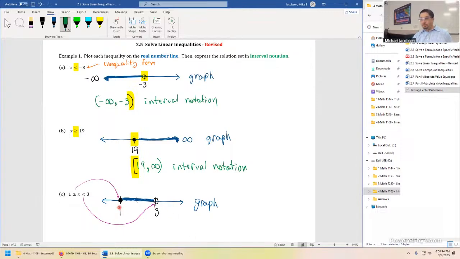Here with the solid dot, start with the bracket, place in the number 1. Shading just turns into a literal comma, like we said. So there's the comma. We go up to 3, and we stop there. 3 is not part of the solution set, so we just put a parenthesis to convey it. So that's the interval notation below.